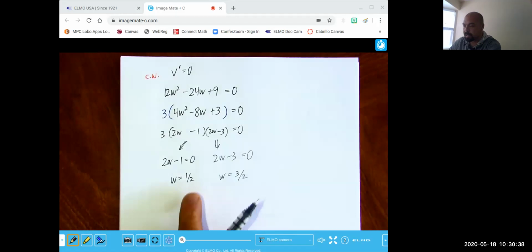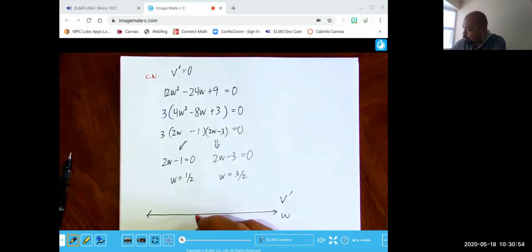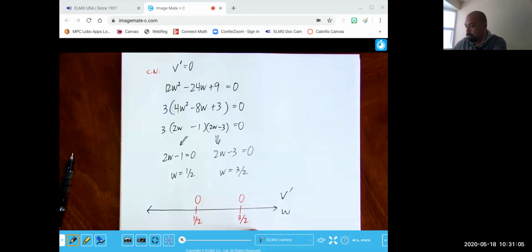Okay, and we'll come back to those pieces, but just going into that mode of our first derivative test, we had these two critical numbers where our derivative equals 0.